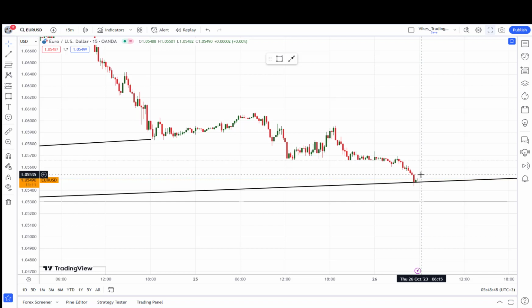So the mother candle, I would always draw, it's like an engulfing candle but on the opposite side. So here is the mother candle, the red one, the following one, the green one, which shows bullish momentum.